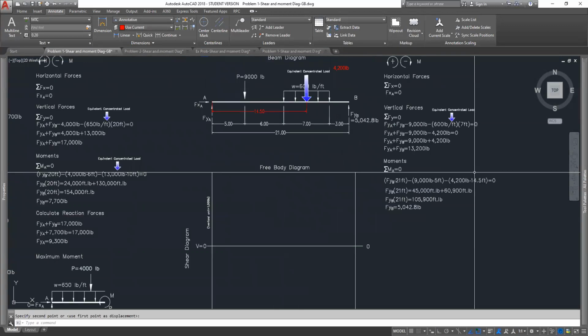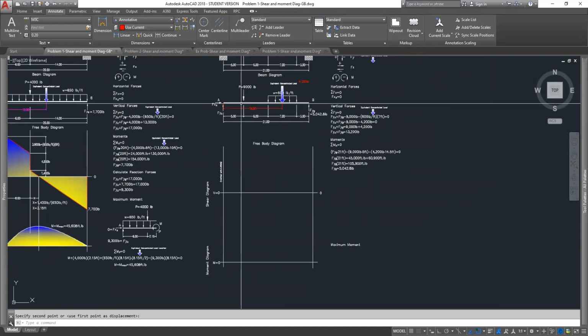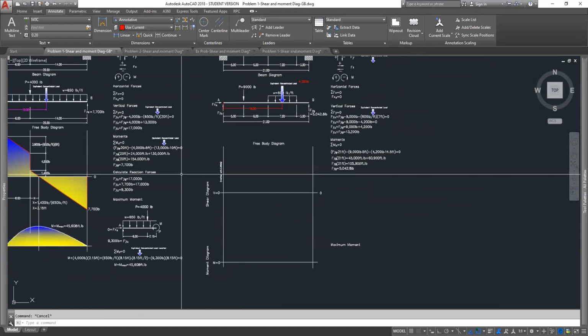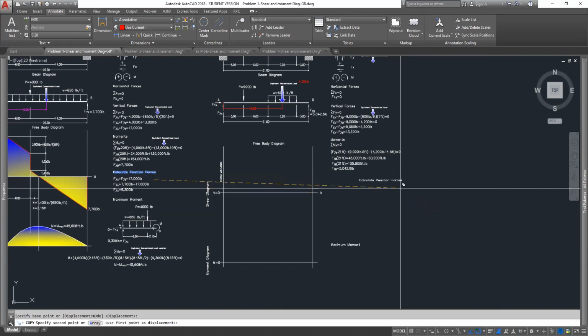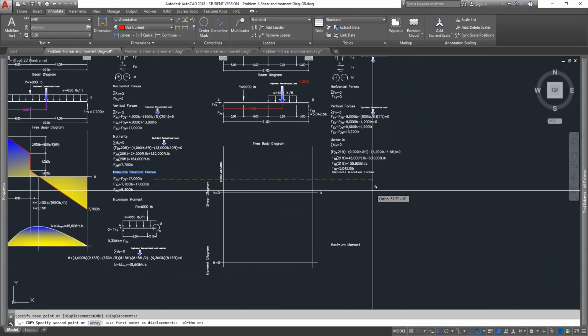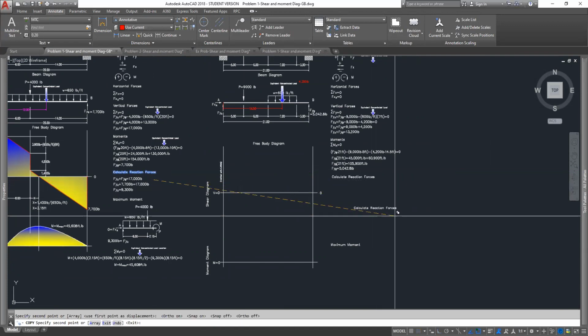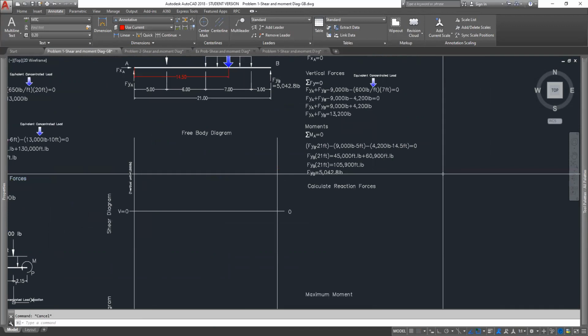FYB is equal to that. Now let's calculate our reaction forces.